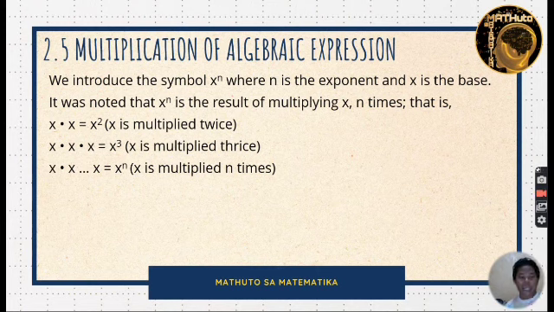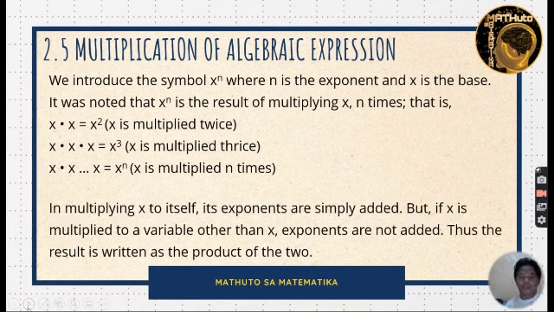X times x times x is x cubed, since x is multiplied thrice. X times x times ... times x is x raised to n, x is multiplied n times. So, yun po yung ating representation ng ating mga variables if we have n as our exponent po.